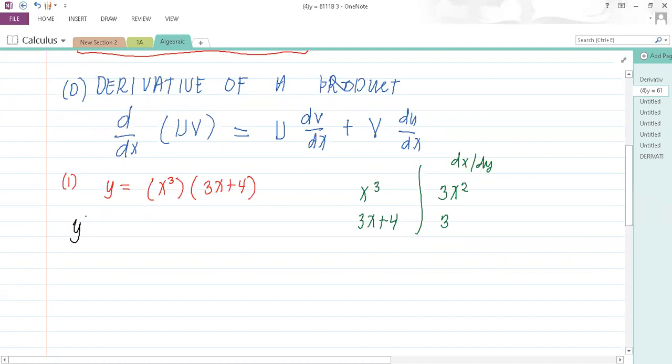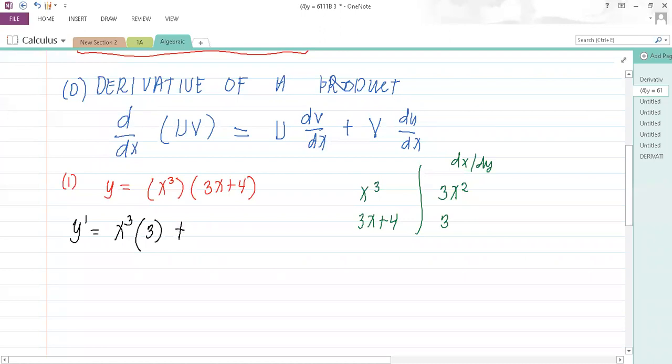So the derivative is equal to, as we said, the first function. What is our first function? x raised to 3. Multiply it by the derivative of the second function. Our second function here is 3x plus 4. What is the derivative of 3x plus 4? That is equal to 3. So times 3.